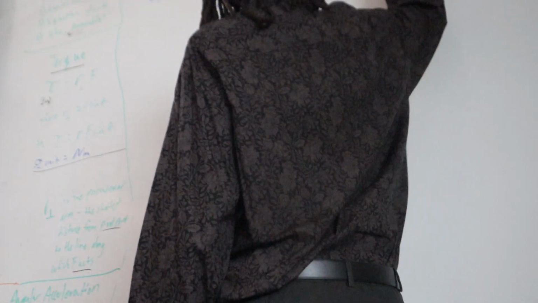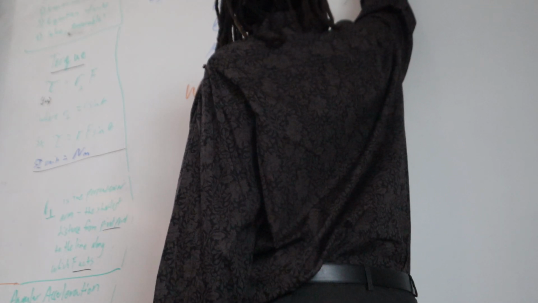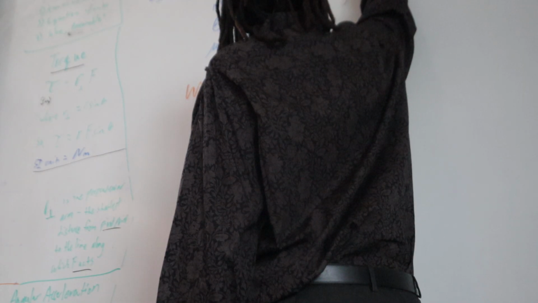So I know mg, but what do we need to do when it's at a slant in order to solve for the x component? Divide computer ratio. Sweet.